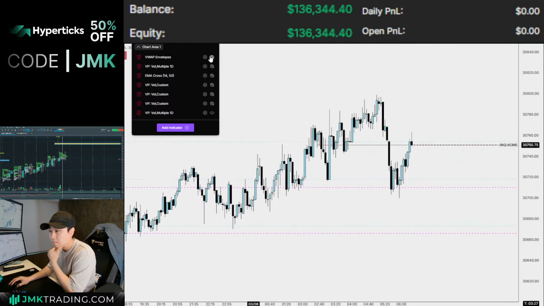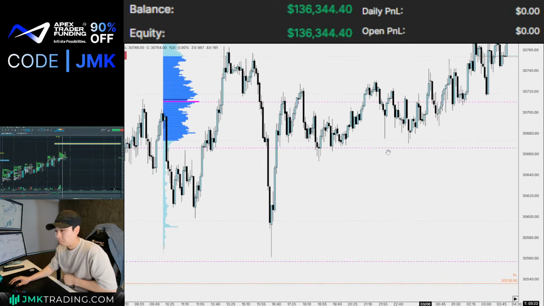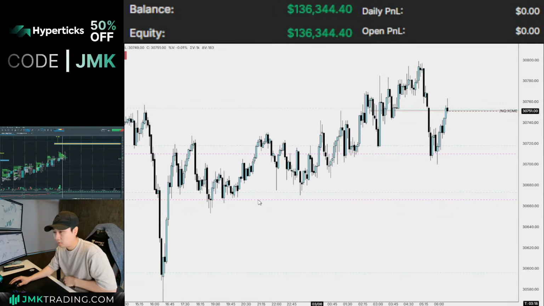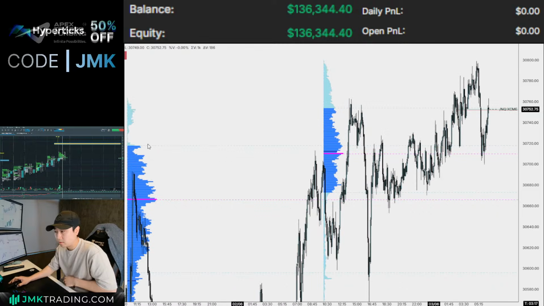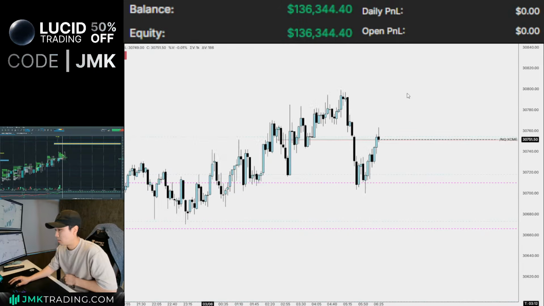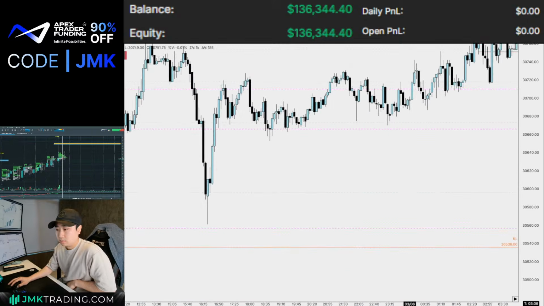Indicators, VWAP. Alright. We'll just play around with value for now. But I don't get what the three lines are. Oh, I see. Okay. It makes more sense.